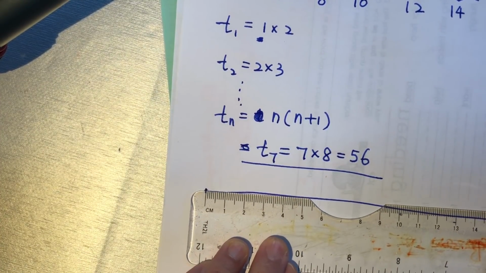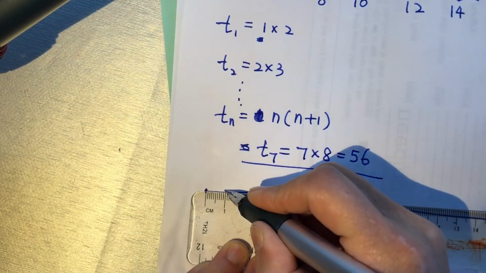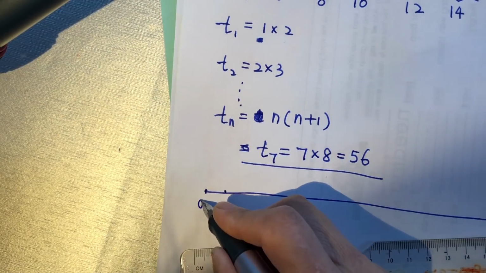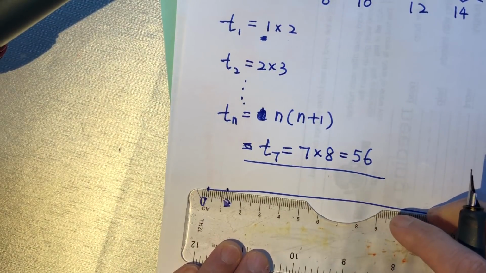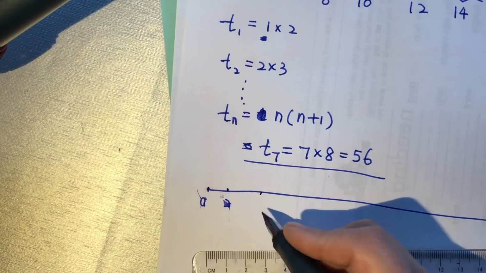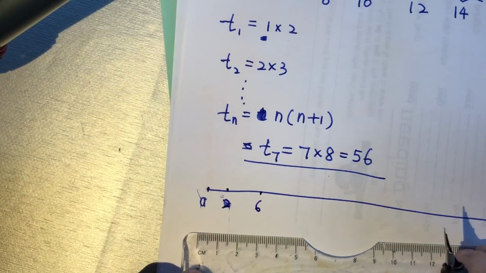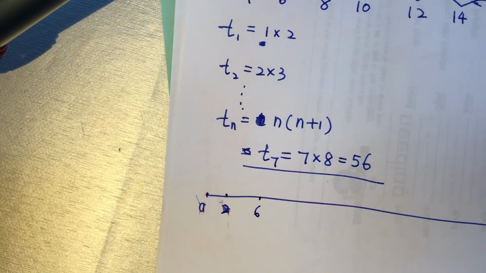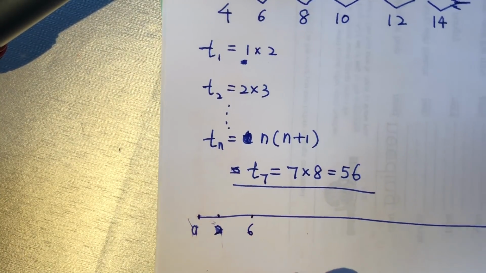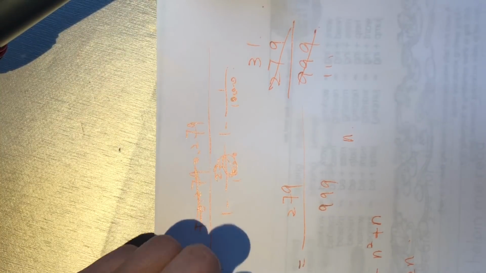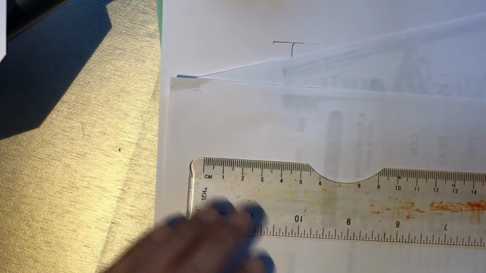So we use this as 0, 2, and 6. Okay, I will do it again. This is a broken ruler, but it's more fun to use a broken ruler, right? Who made it broken?